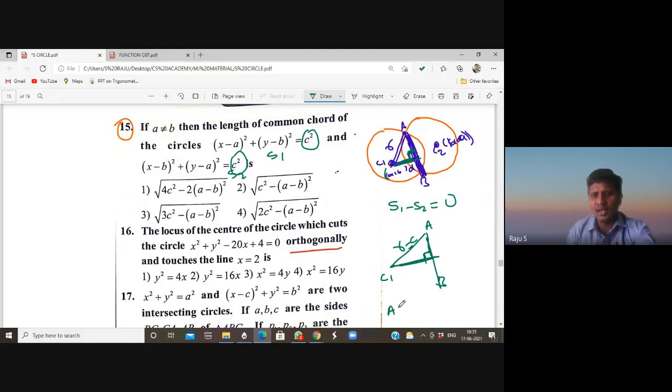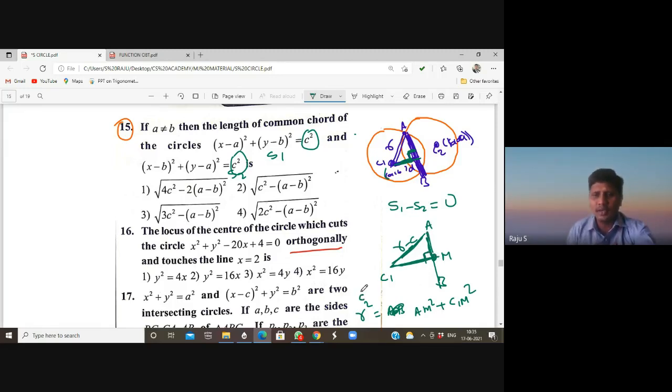Here AB, shall I write here? R square is equal to, by Pythagoras, hypotenuse square is equal to, if I take the midpoint as M, AM square plus C1M square. Hypotenuse square is equal to the sum of the squares of the remaining 2 sides.